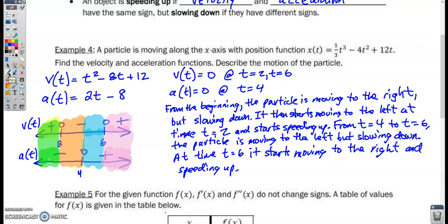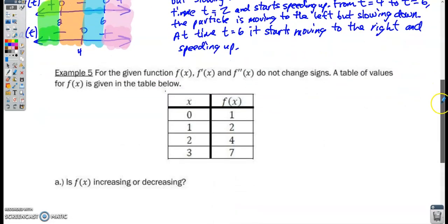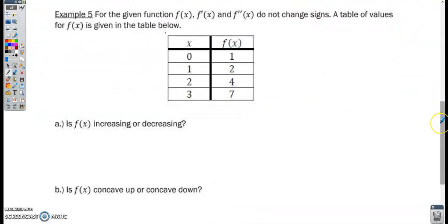All right, let's go ahead and we'll move on to example 5 here. For the given function f of x, f prime of x, and f double prime of x do not change signs. That means if I see that f prime is positive, it stays positive. If I see it's negative, it stays negative. Same thing for f double prime. So looking at the change in our table here, when x is 0 to x is 1, f of x increases by 1.